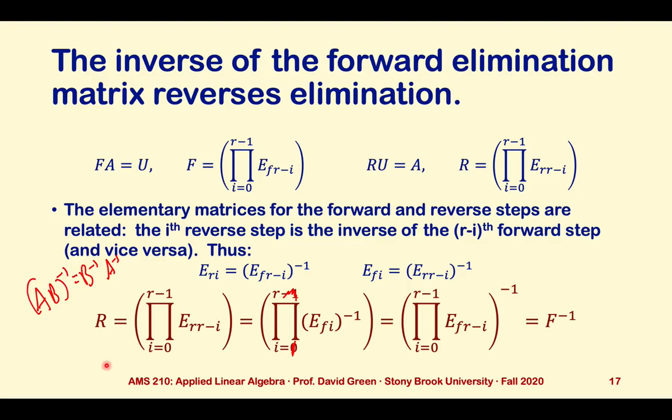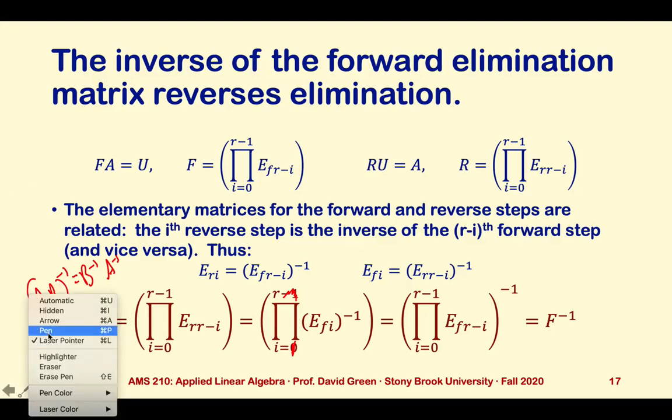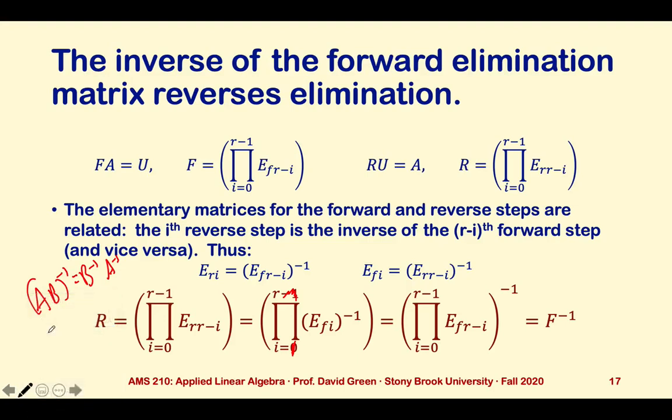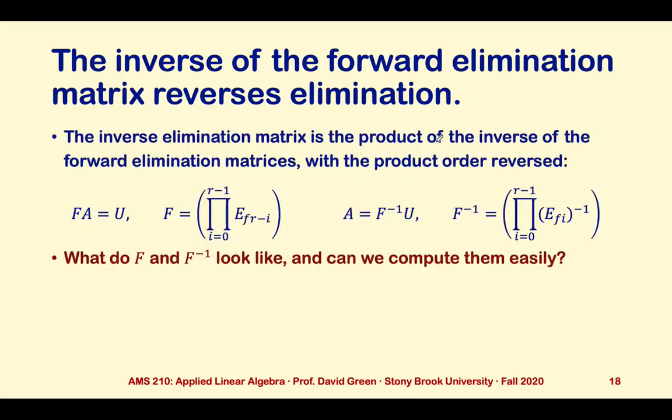This isn't too surprising when we think about how all of this fits together. If R equals F inverse, we have RU equals RFA, and we know that that should equal A. It makes sense that this is, of course, F inverse, but we can get at it from multiple perspectives.